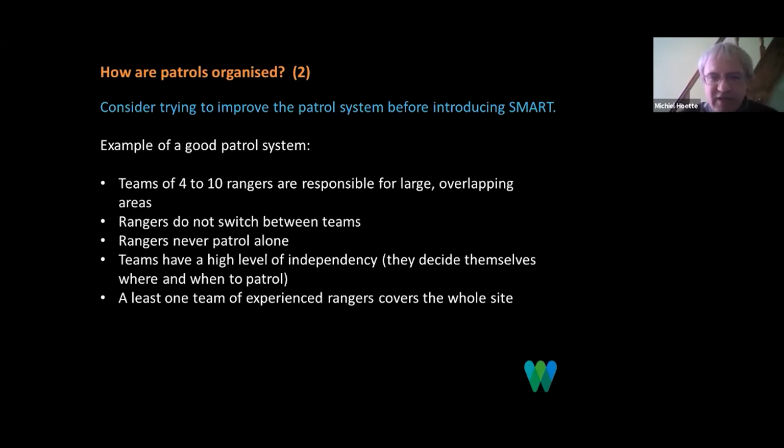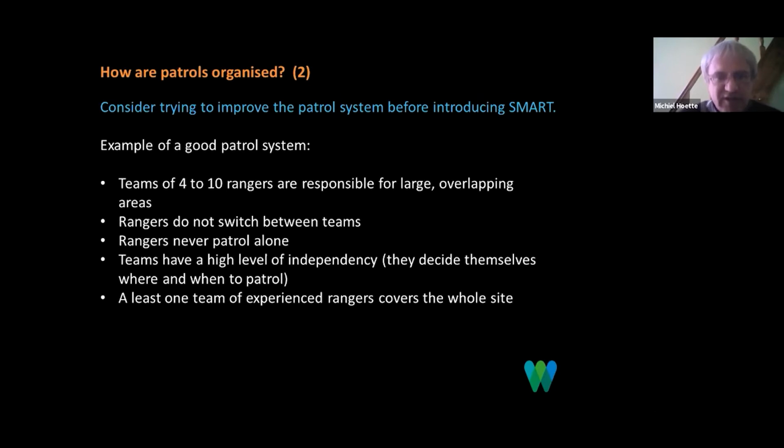There are situations where teams or inspectors receive instructions on a day-to-day basis, exactly where they should go, what they should do, and when. And in my experience, SMART works better if the teams have a high level of independence. If they themselves decide which day they're going to spend on repairing their vehicle and which day they're going on patrol. So they're responsible for their own transport needs, and they are responsible to decide when and where they do patrolling.